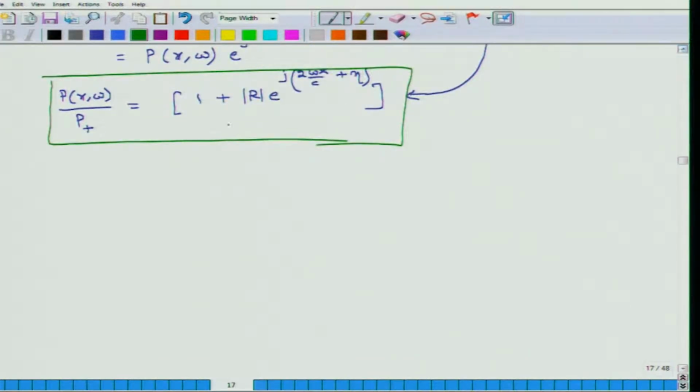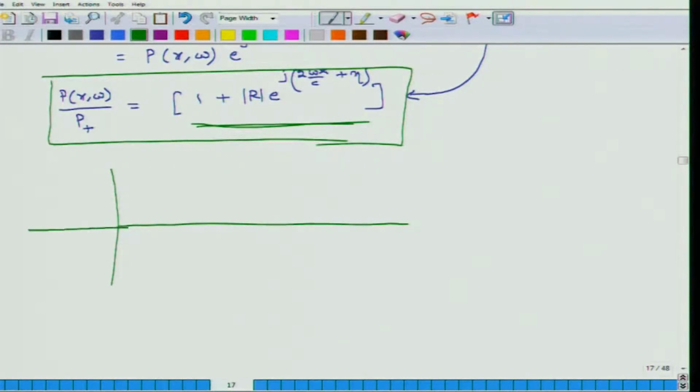Now let's look at this term in the parenthesis, and I am going to plot it on a real and imaginary plane. So this is my real axis, this is my imaginary axis, and this entire term is 1 plus modulus of R times exponent j 2 omega x over c plus eta.